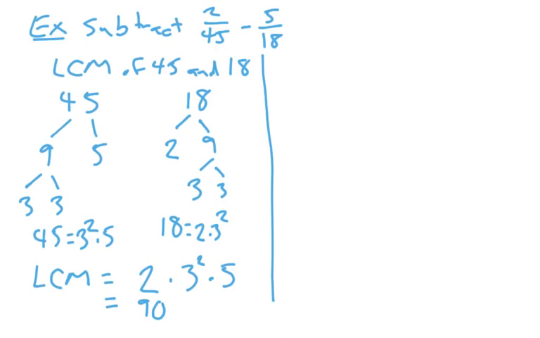So, to get the common denominator, we look at the 2 over 45, and later we'll look at the 5 over 18, and we ask ourselves, what do I need to multiply the 45 by to get 90? That's probably not too hard to see. We can multiply by 2.